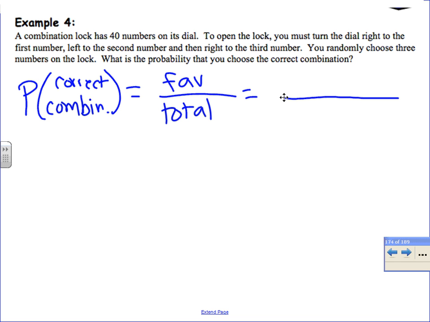Annalise? 40, just 40? Nope. Mary? Nope. Adam? Nope. Matt? Come on. No, you're so close.